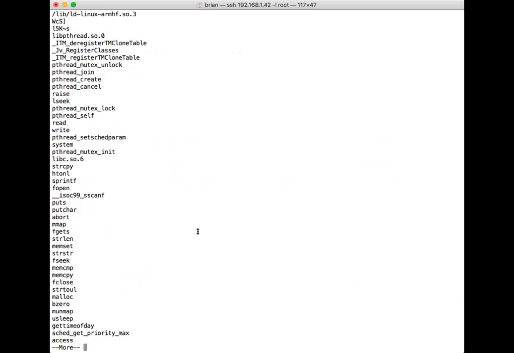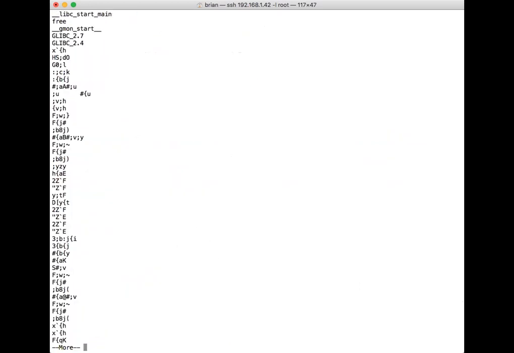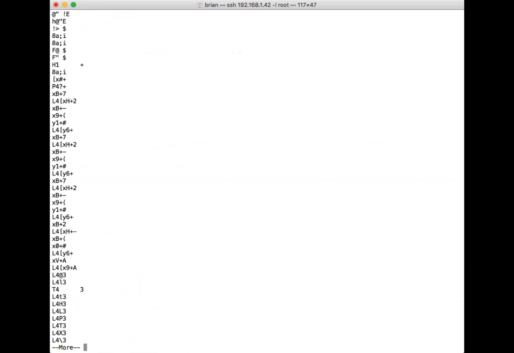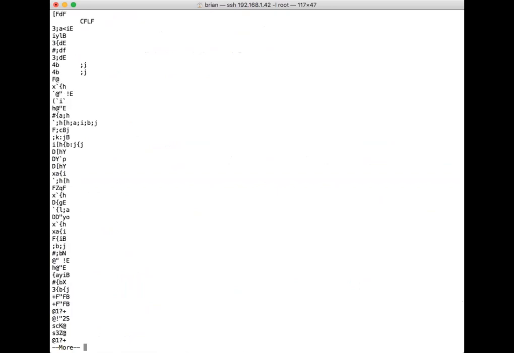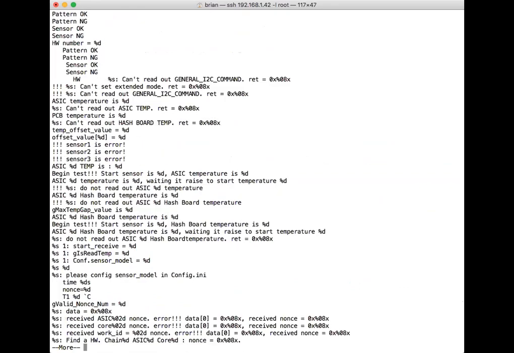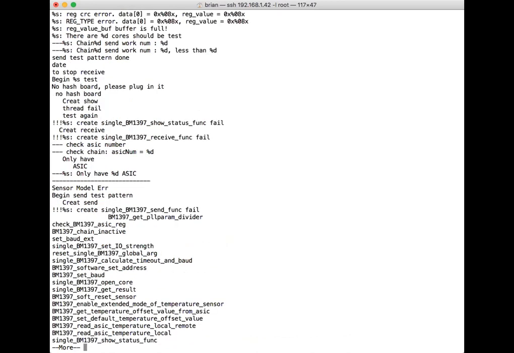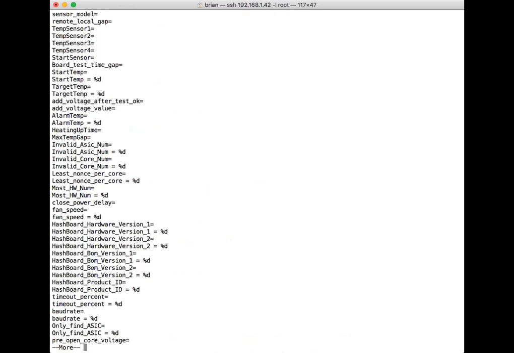A lot of it's kind of junk stuff, but if you just keep scrolling through here, somewhere down here, usually I say strings -5 or something. Here's some stuff. Here's some of the error messages that they can print out. So if you want to run that command, you can reverse the video, find that, and start looking at some of the stuff that they're holding in there.